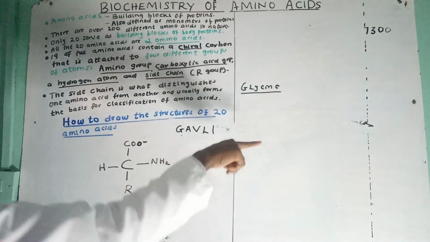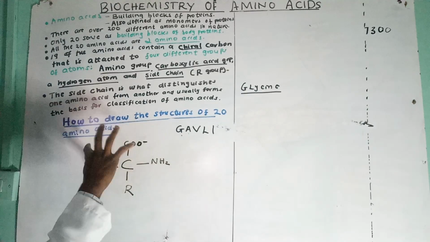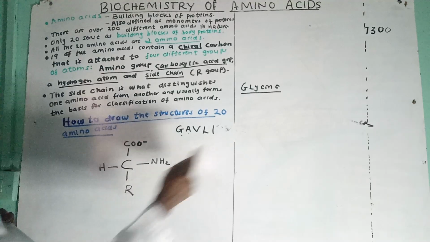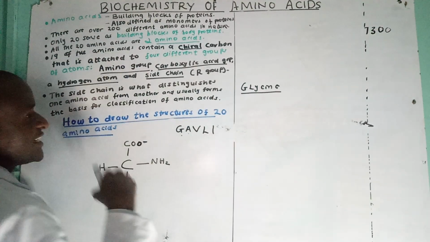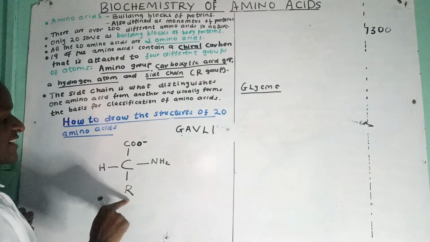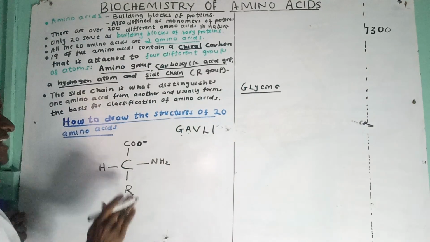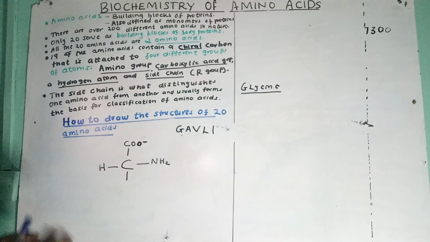So before we start drawing, I have just said that all amino acids have got this structure in common. What differs is this R. So for us to draw glycine, you will realize that the only difference in the R structure that distinguishes glycine from other amino acid is that the R group is made up of hydrogen atom.